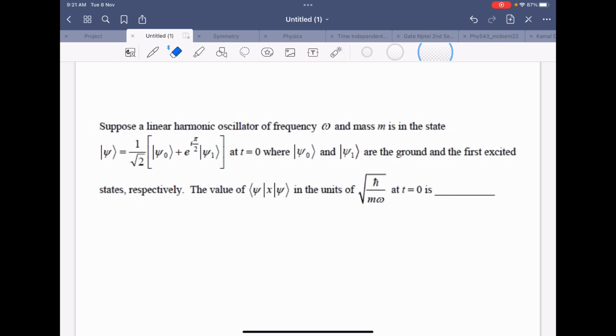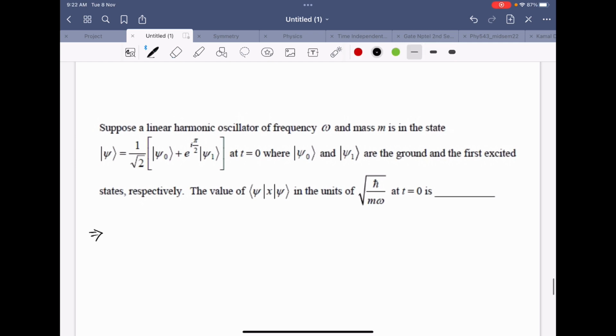So psi is given, which is 1 by root 2 psi 0 plus e to the power i pi by 2 psi 1. This is at t equal to 0. So psi 0 and psi 1 are the ground and the first excited state.